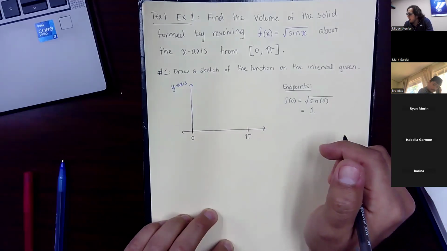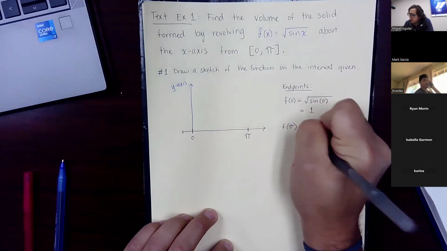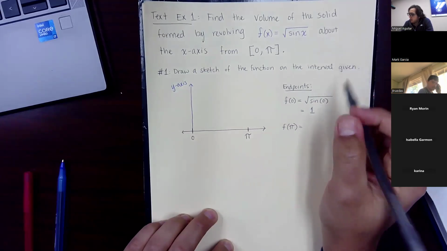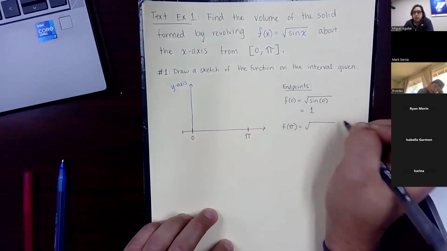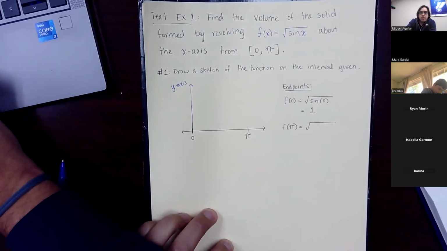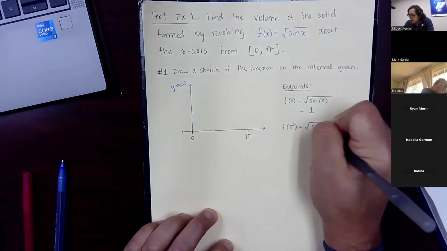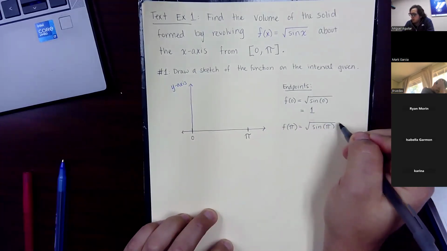Then find the other endpoint, which is f of pi, the square root of sine of pi. And what is sine of pi?